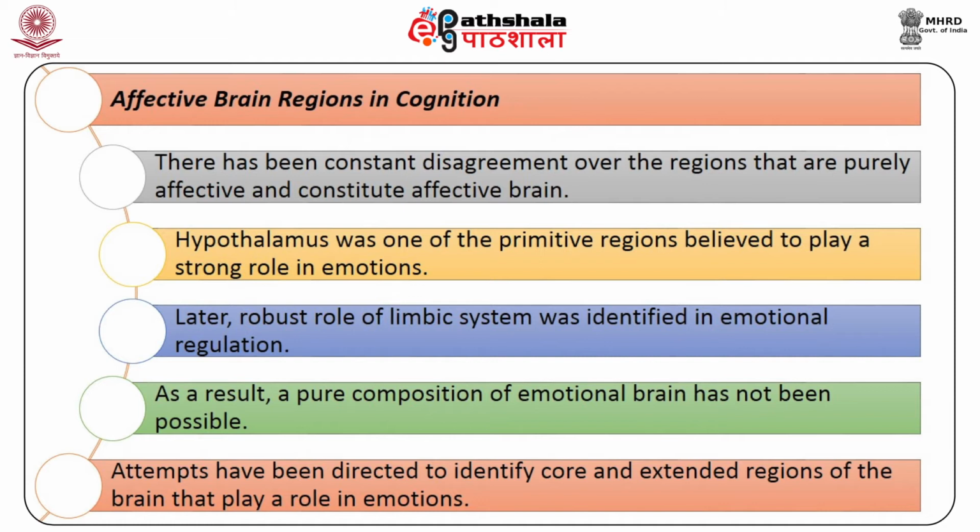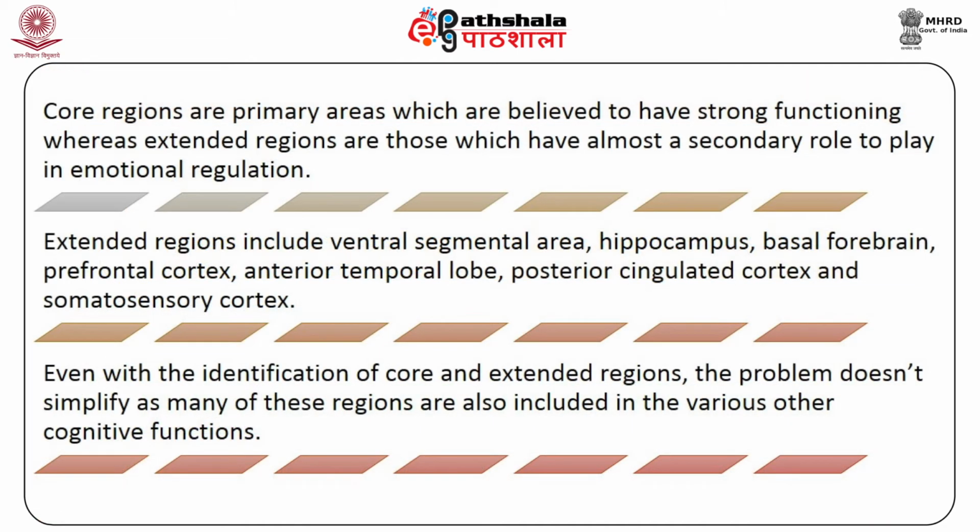Attempts have been directed to identify core and extended regions of the brain that play a role in emotions. Core regions are primary areas which are believed to have strong functioning, whereas extended regions are those which have almost a secondary role to play in emotional regulation. Examples of core regions include the amygdala, hypothalamus, nucleus accumbens, orbitoprefrontal cortex, anterior cingulate cortex, and ventromedial prefrontal cortex.